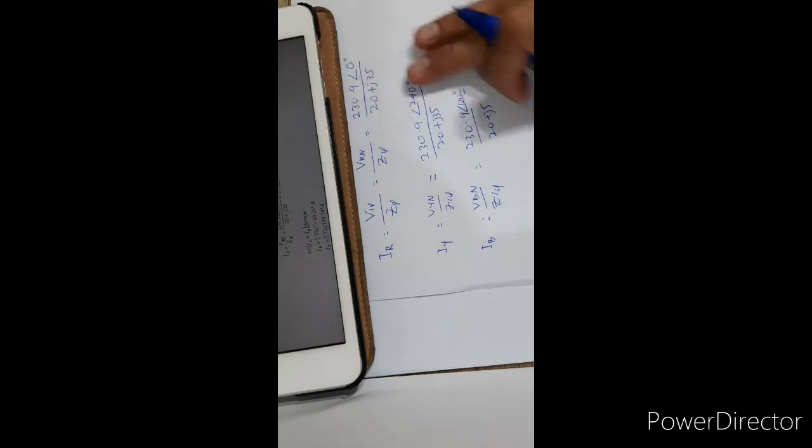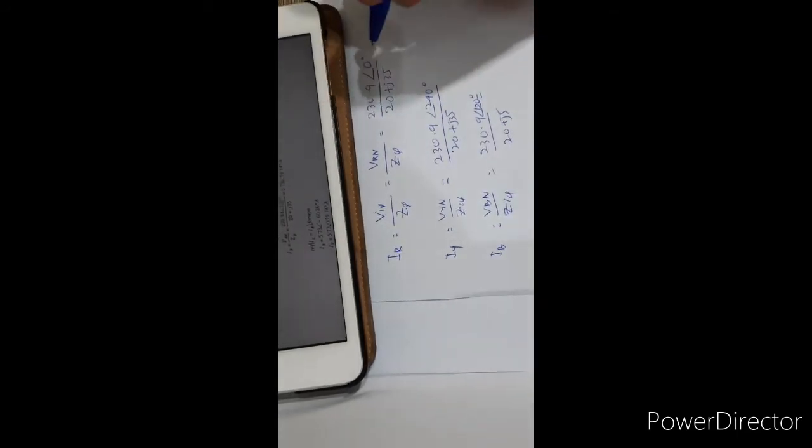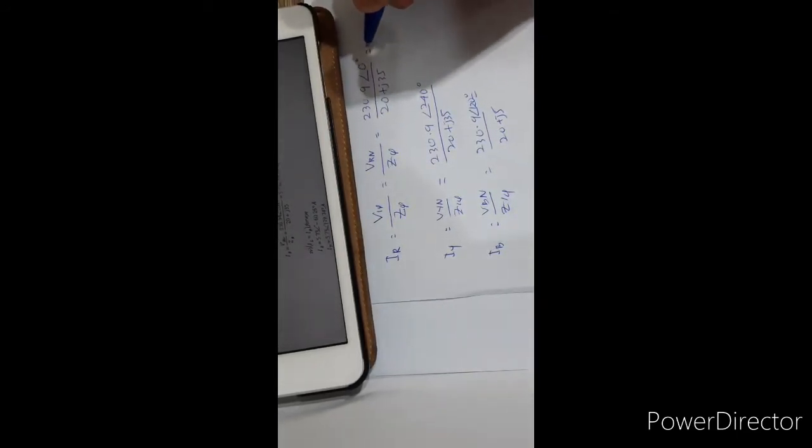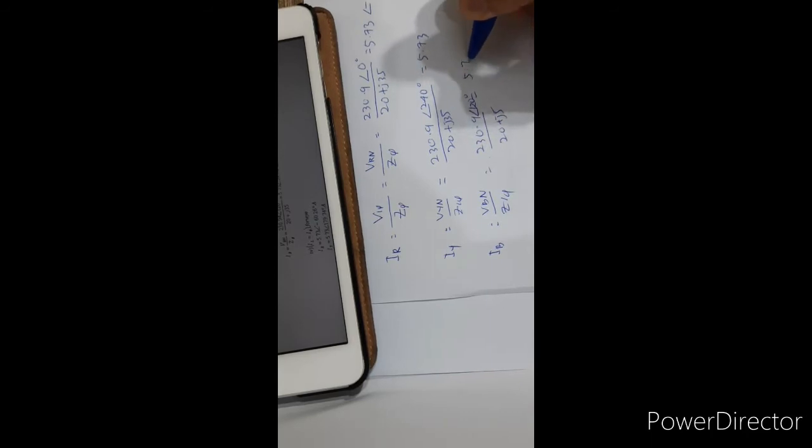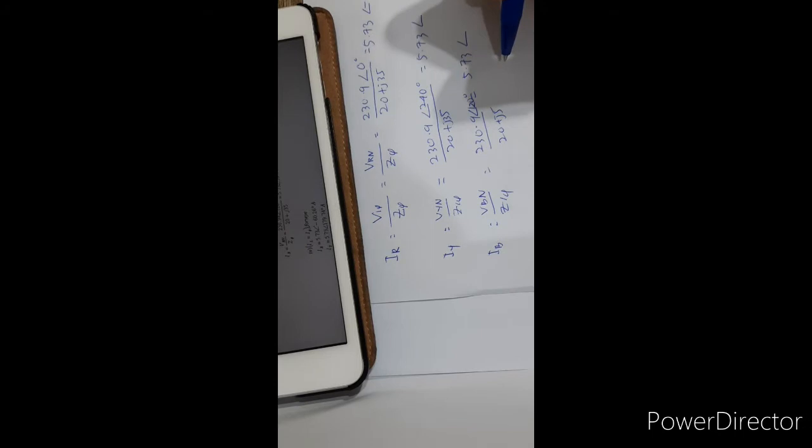So the answer for I phase: for IR equals 5.73 angle of negative 60.26, and this one is 5.73, and this one is also 5.73. So in terms of magnitude they will be similar, same as voltage and current.